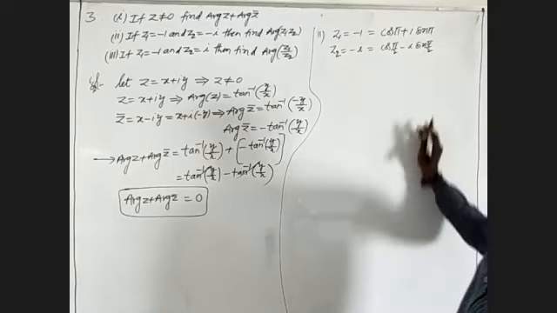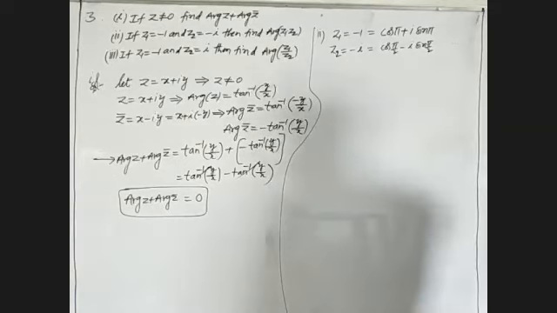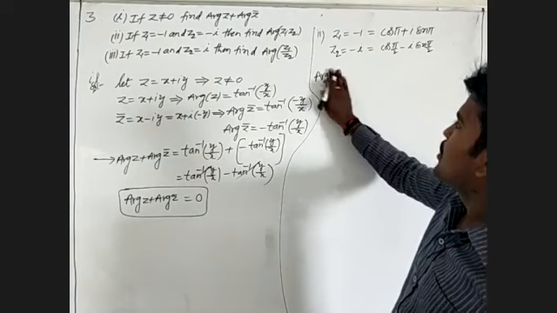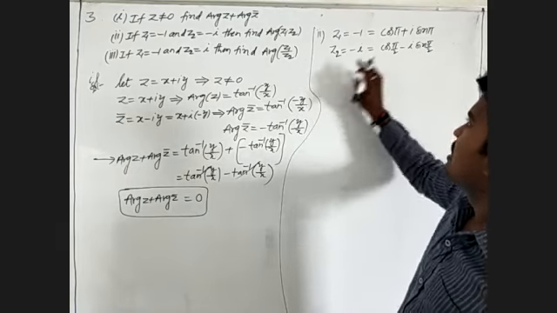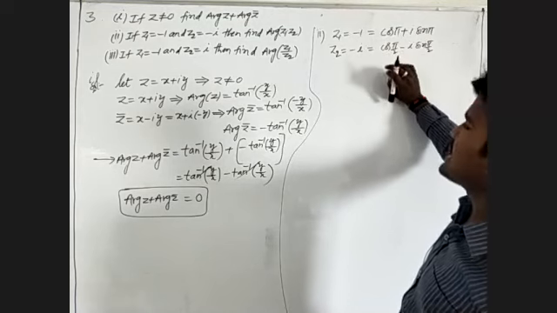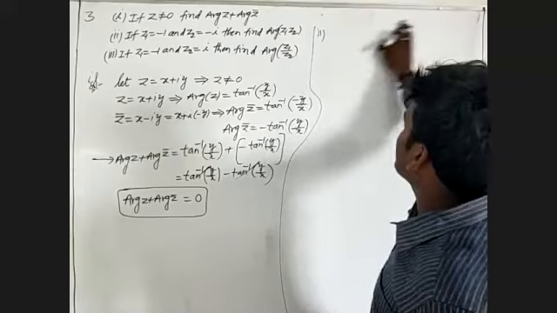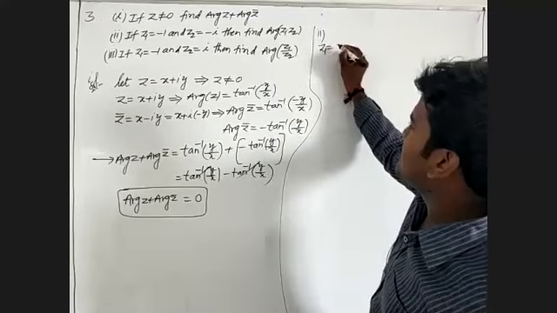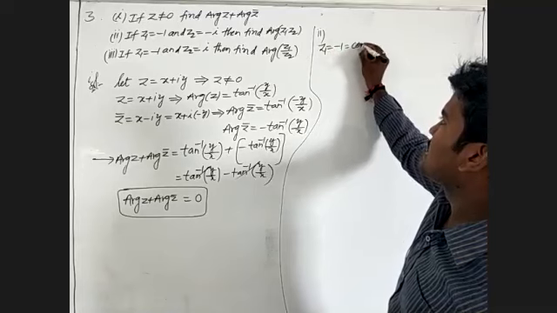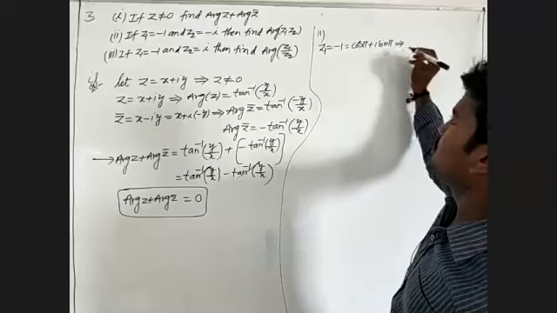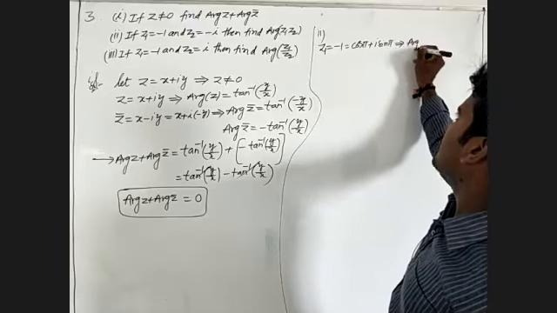By the problem, what I have to find out is the argument of z1 z2. z1 is nothing but minus 1, and minus 1 we have to write as cos pi plus i sin pi. We have to write the argument of z1.